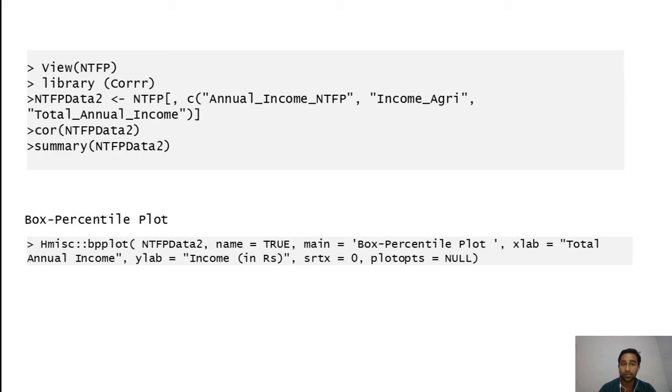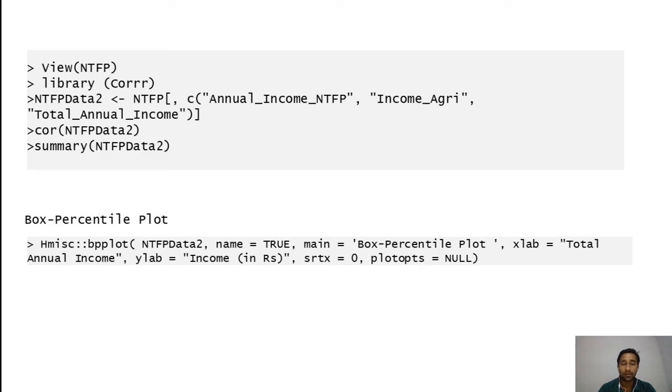We only want to look at the correlation between these three variables, so we have taken these three variables from this data set, and I have given this whole equation a simple name, NTFP data 2.